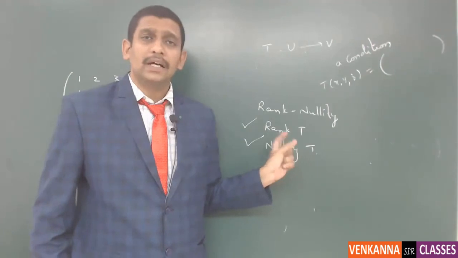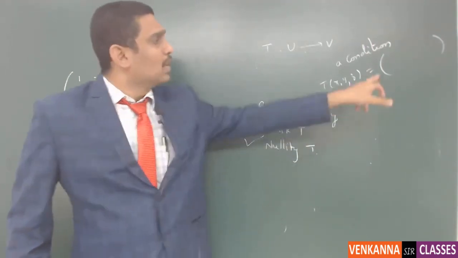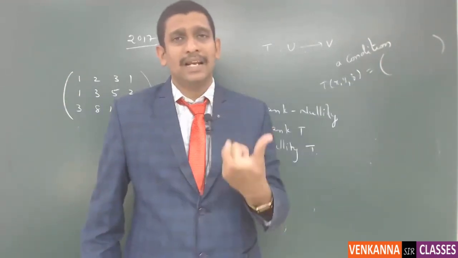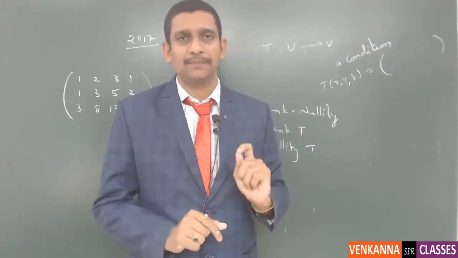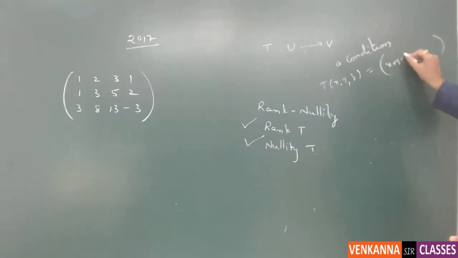If you look at the procedure for the nullity of the transformation, whatever the condition is given, we frame it in the form of a matrix. Let me say the condition is given as x plus y minus z, x plus y plus 3z, 4x minus 2y plus z.